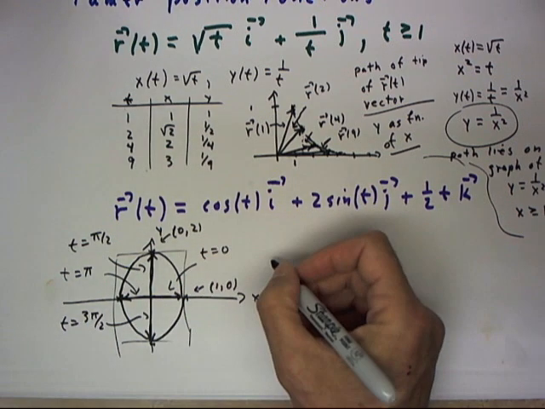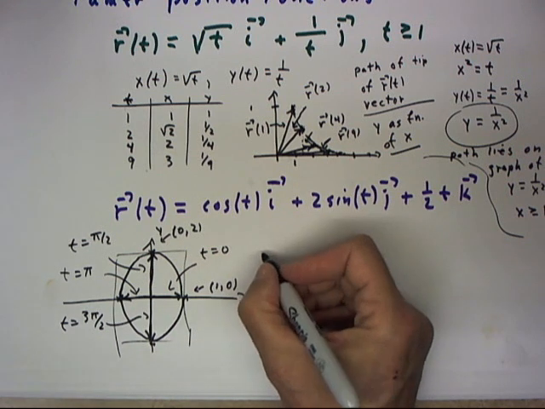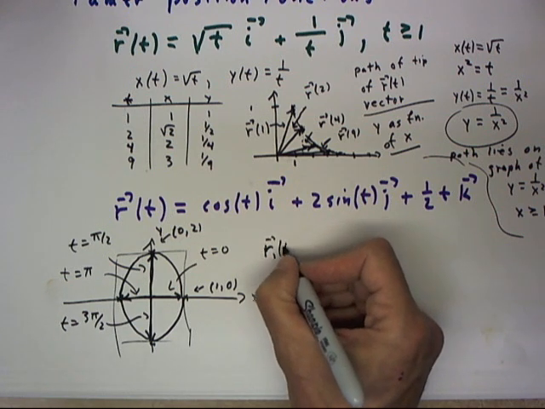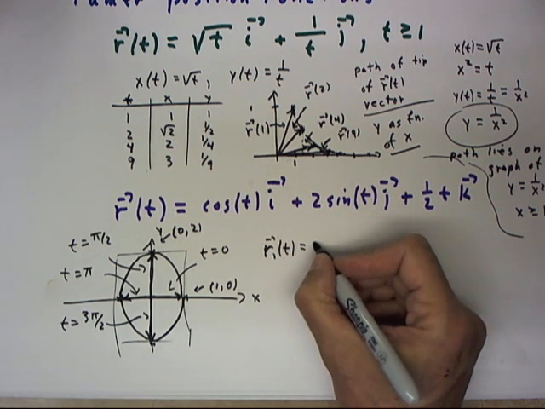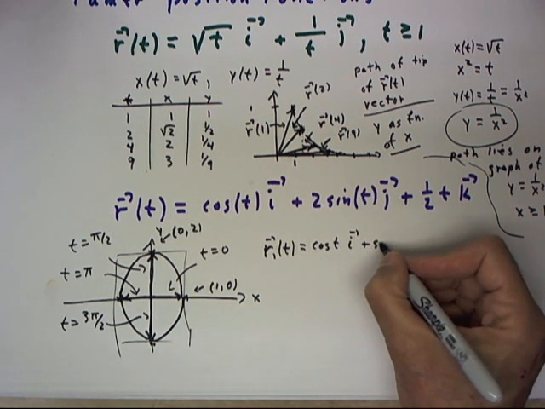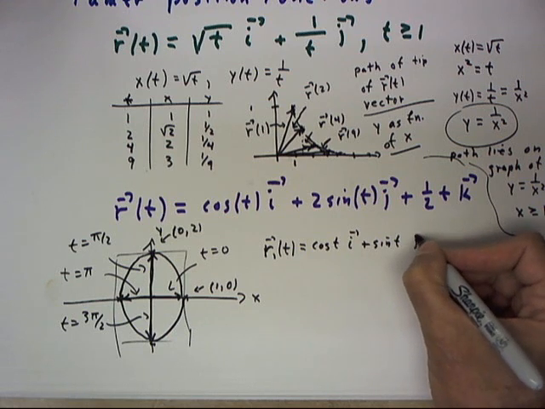And this would be the function, let's call it r1 of t equals cosine t i plus 2 sine t j.